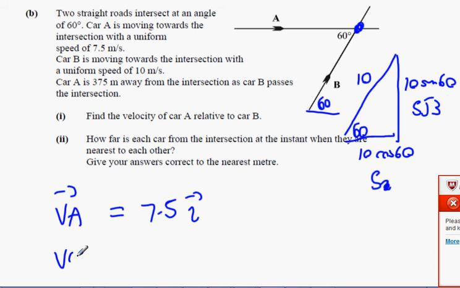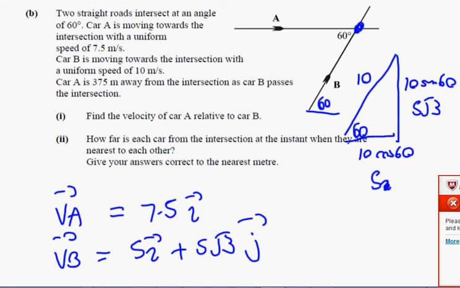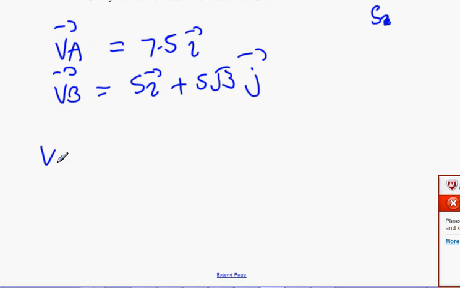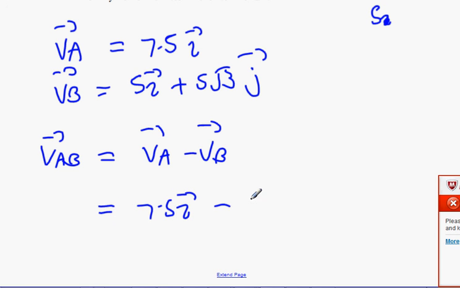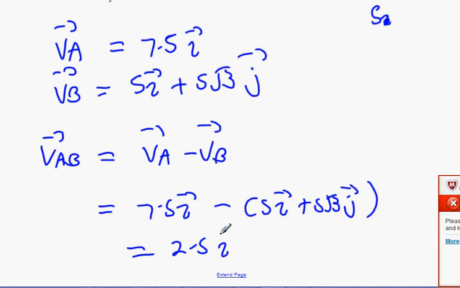So what we get for the velocity of B is 5i plus 5 root 3 j. Then upon completion of this, I need to find phi AB, just phi A minus phi B. And then what we're going to get is 7.5i minus 5i plus 5 root 3j, and then that cancels and gets 2.5i minus 5 root 3j.